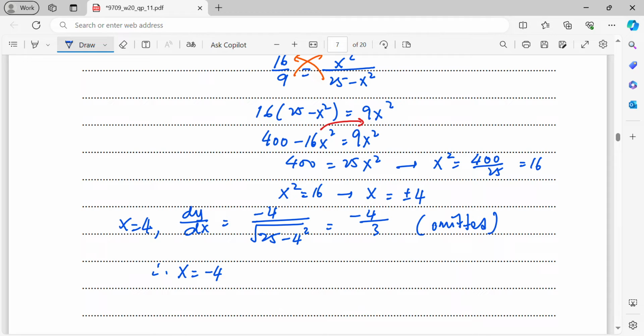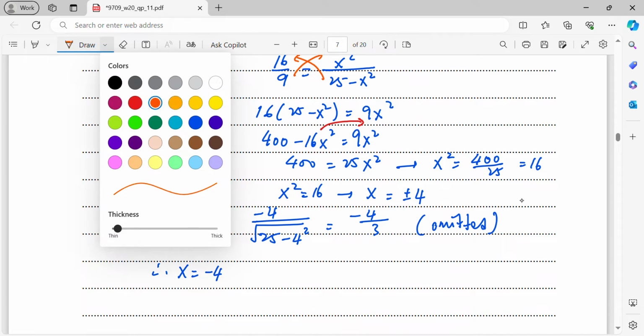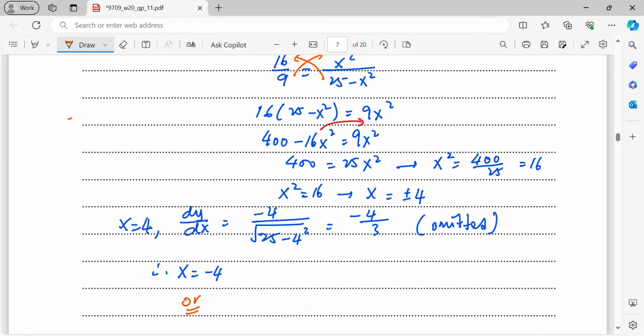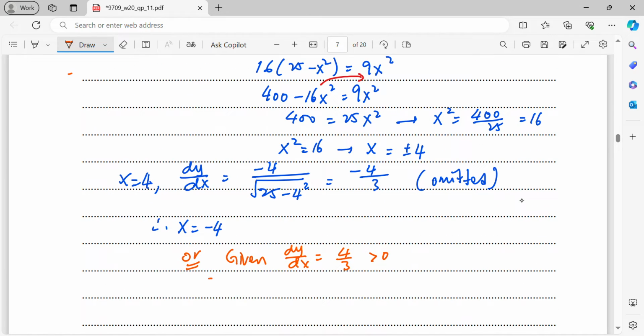Alright, so this is one way to show this, or another way is you can just use this method. Given dy dx equals 4/3, which is greater than 0, so your dy dx equals negative x over square root of 25 minus x squared.